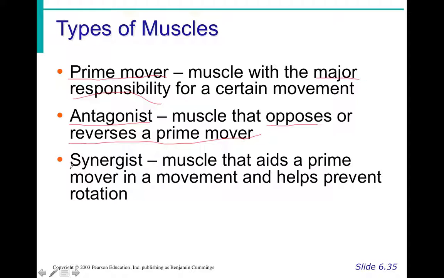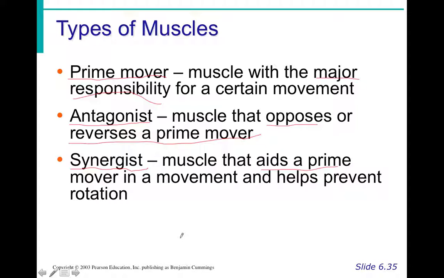Now there's also synergists. You might have heard words like synergy, which is like we all work together so happily and so on. A synergist is a muscle that helps that primary mover to do the movement.